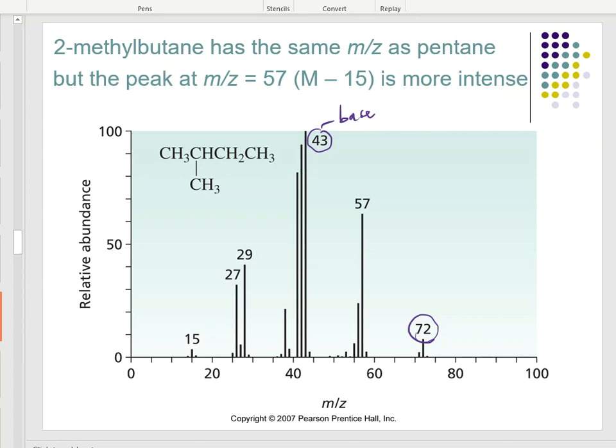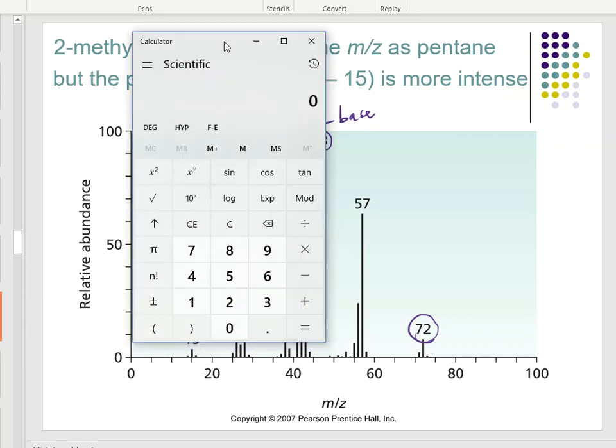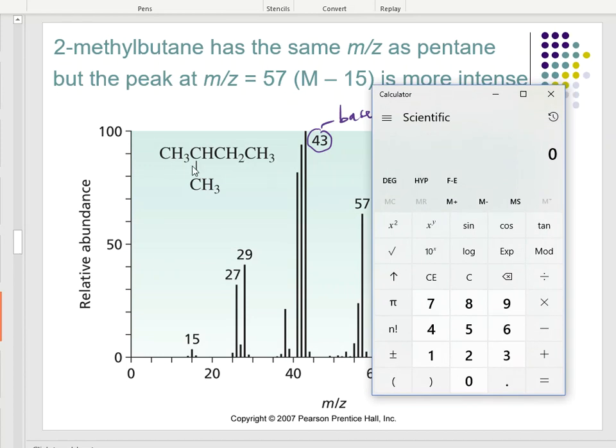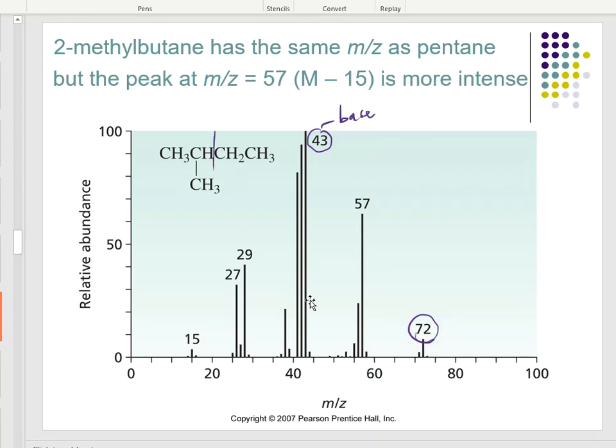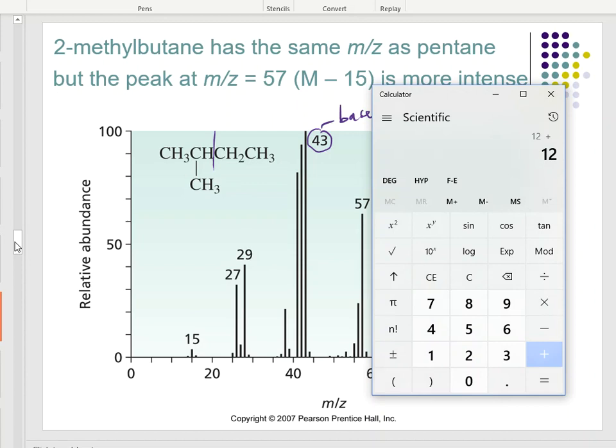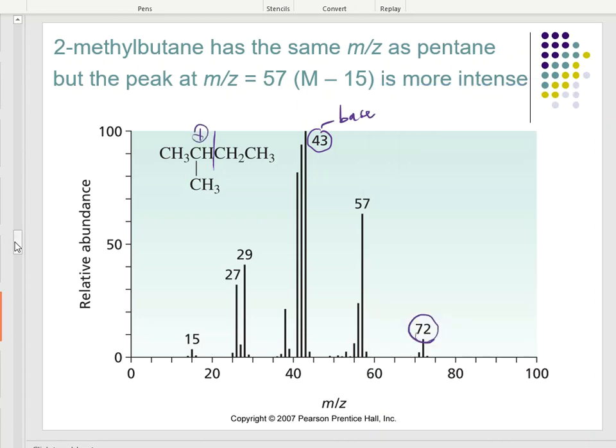Well, I can go back to my calculator if you forgot how we got the 43. And I'm just going to kind of randomly look at this compound and just start adding things up. So let's say that I get a fragment that's going to cleave right here. 12 and 3, 12 and 1, 12 and 3. There is my 43. So if my positive goes on this side, my base peak is coming from a CH3 hanging out here, and a CH3 over to the side.